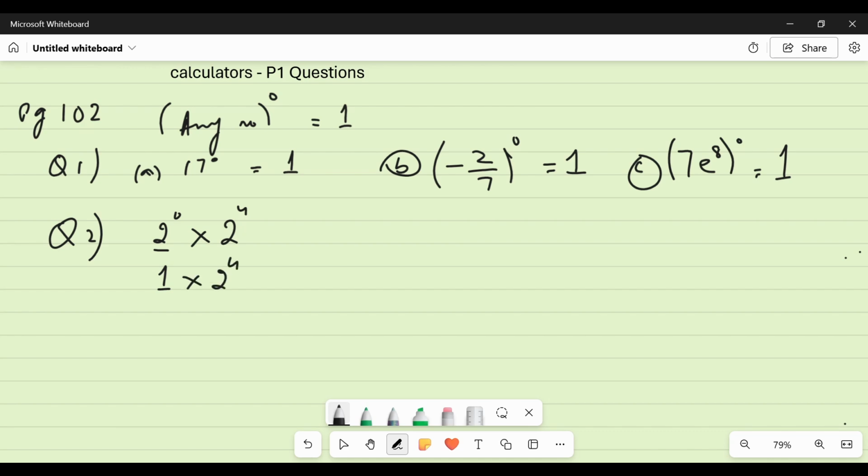Which is 2 to the power 4, and when you open it, 2 times 2 is 4, 4 times 2 is 8, and 8 times 2 is 16. So 16 is the answer. This one was A part.